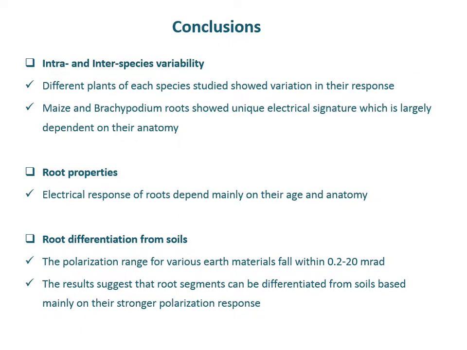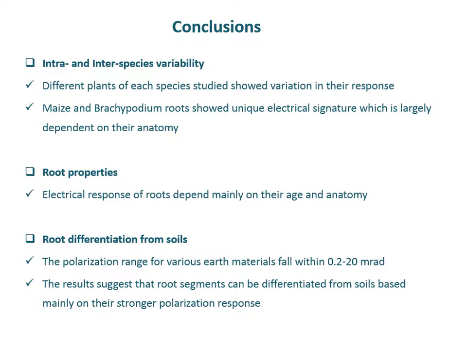In conclusion, we see that intra and interspecies variability occur in the plants, in the roots. Different plants show different responses. We also see that maize and brachypodium have unique electrical responses that can be used to differentiate them. Then we also see that the electrical response of the root depends mainly on their age and anatomy.